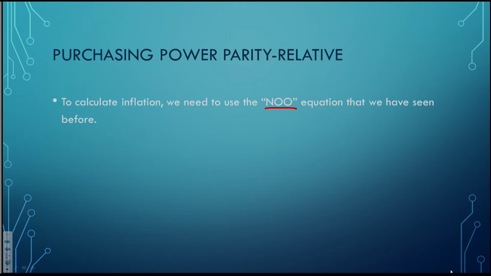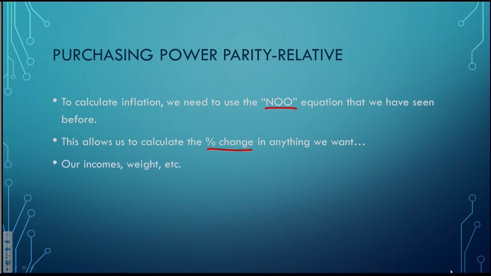The new equation allows us to calculate percent change. That's all we're doing, percent change. It could be the percent change of anything: our incomes, our weight. We've used it earlier in this class. So percent change. Here's the equation.